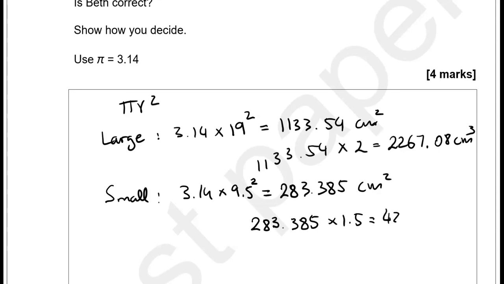And it gives us 425.0775 cubic centimeters.